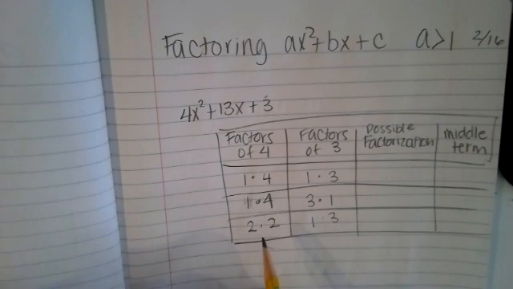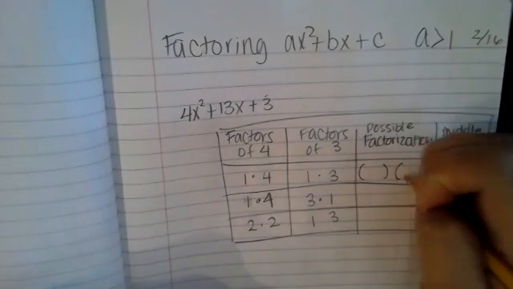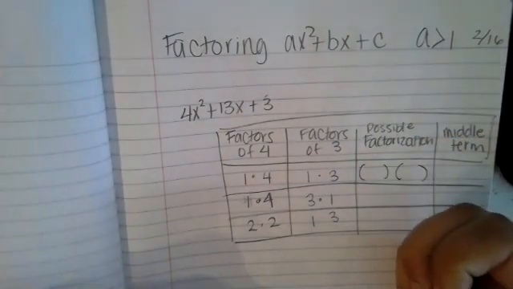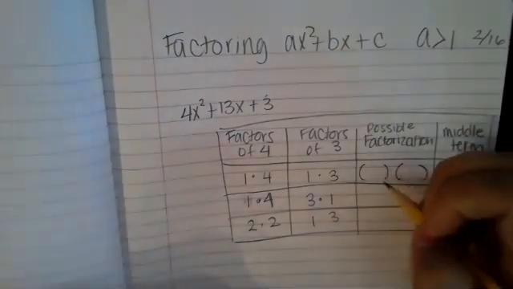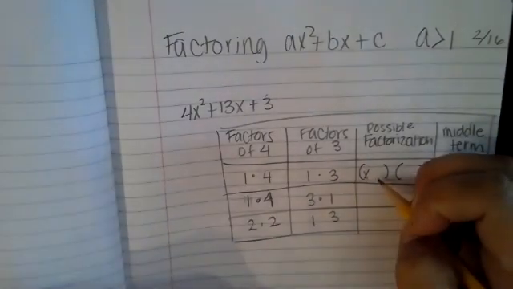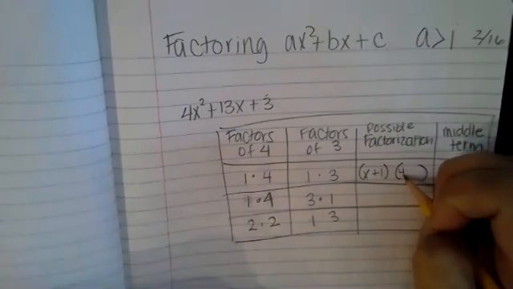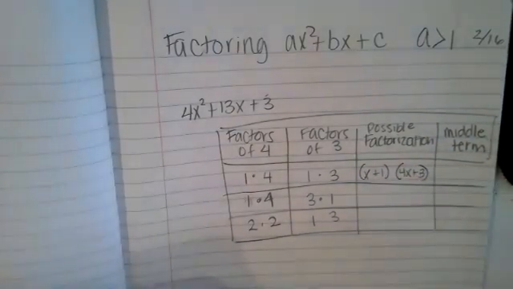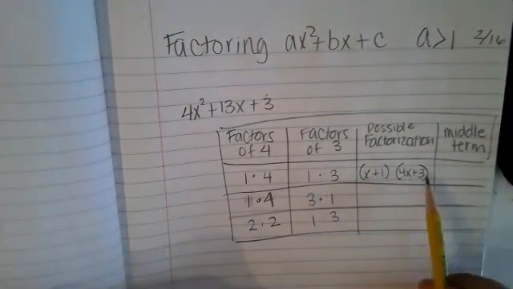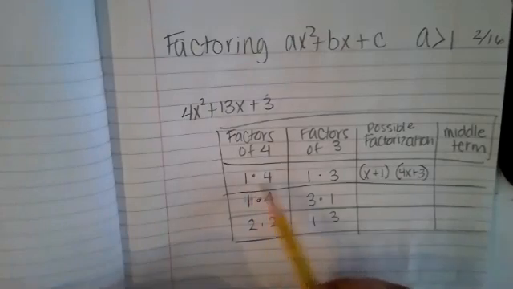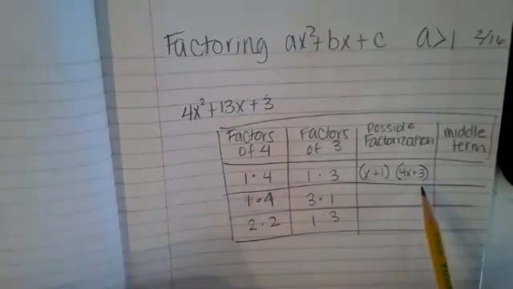So, possible factorization. The factors of 4 are going to be what is going with my x, and then the factors of 3 are going to be my constants. So this would be like x plus 1 and 4x plus 3. These two were my constants, and these two were my coefficients to x.